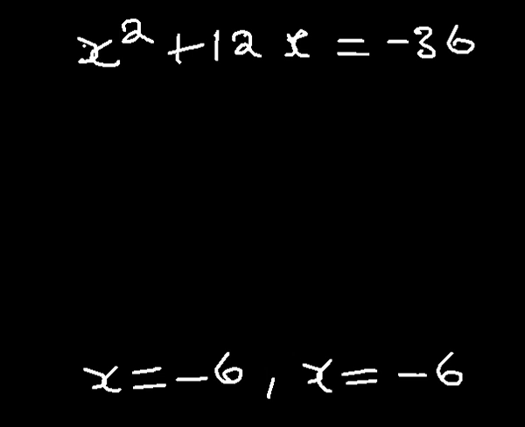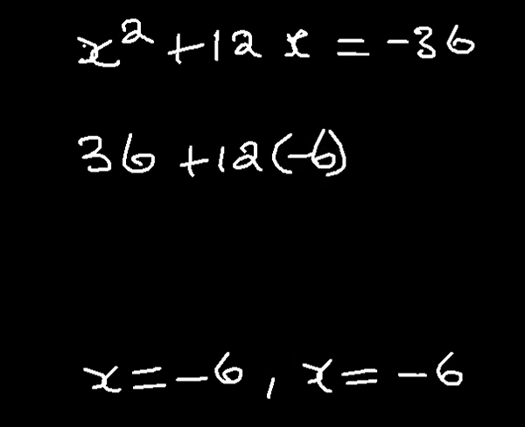In this case we'll have 36, and then we'll have 12 times negative 6, which will also be equal to negative 36 as well. What is 12 times negative 6?